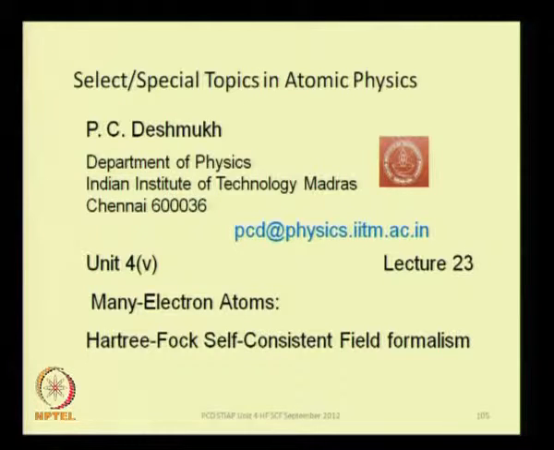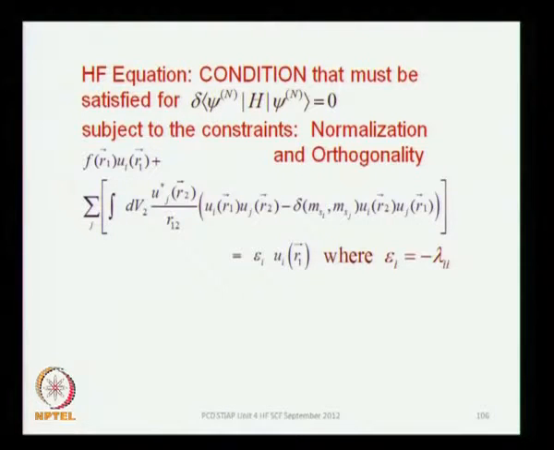Essentially what we have learned so far is that we recognized that the Hartree-Fock equation is in fact a condition which must be satisfied. It is a necessary and sufficient condition for us to reach our goal, and our goal is to get self consistent field solutions to the n electron problem.